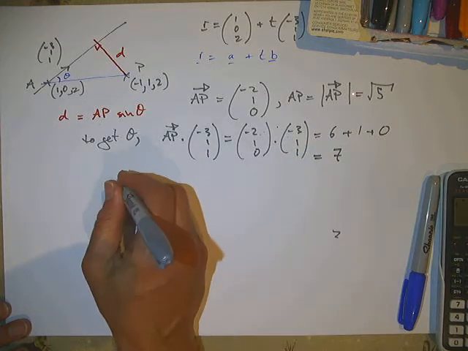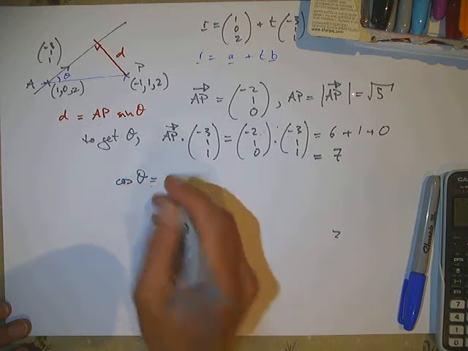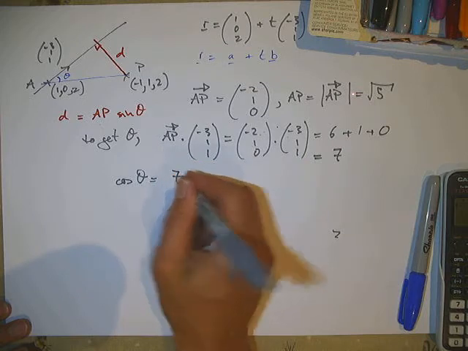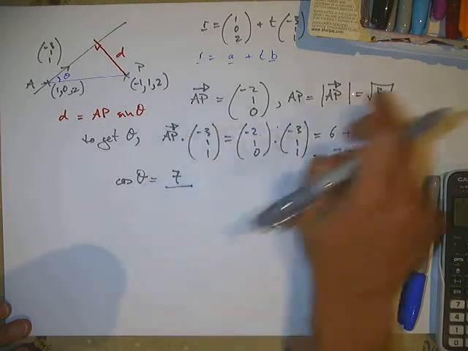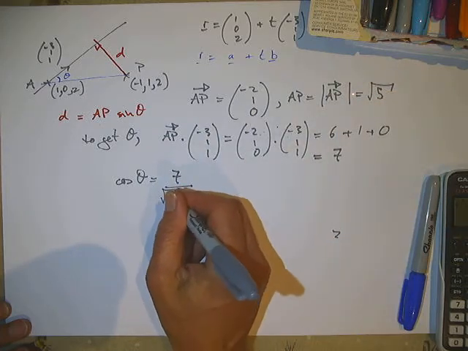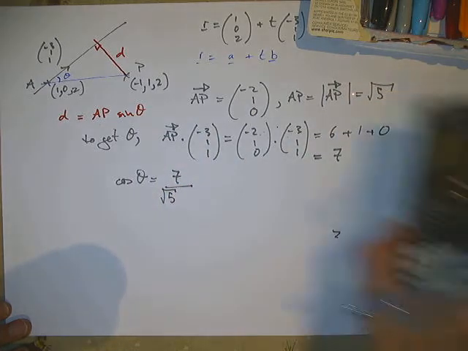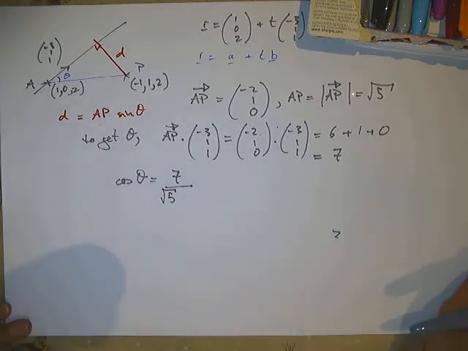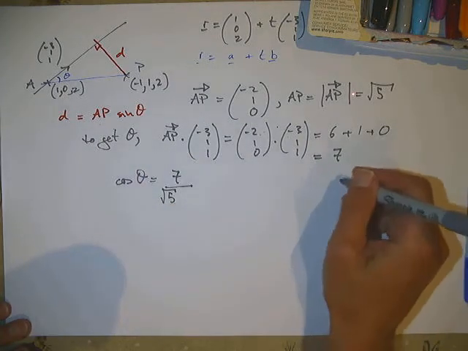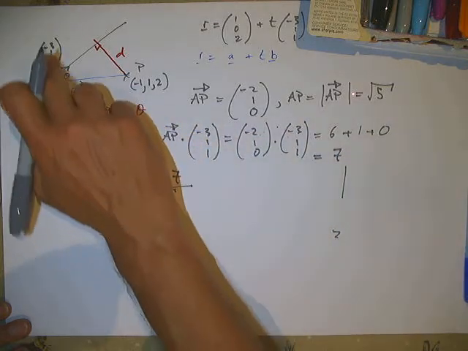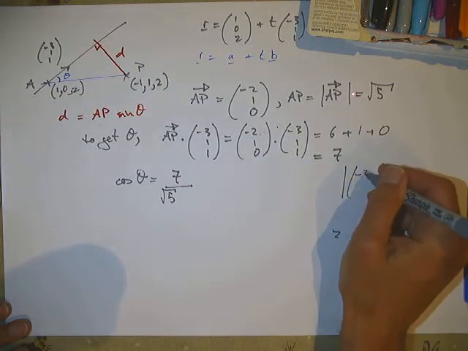Right, cosine theta is that dot product, 7, divided by the length of AP, √5, and I need to do one more bit of working, don't I? I need to find the modulus of (-3, 1, 1).